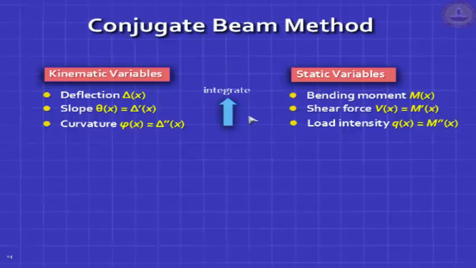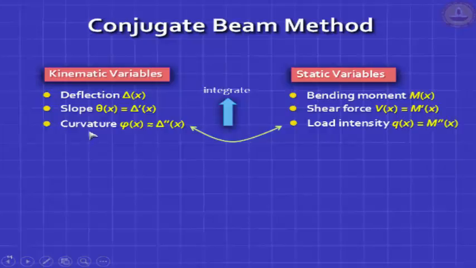So whoever discovered this method said, look, I've done lots of problem solving like this. So why don't I use these ideas to solve this by using a kind of analogy. The analogy is, in my real beam, I want to find out the slope and deflection given the curvature.